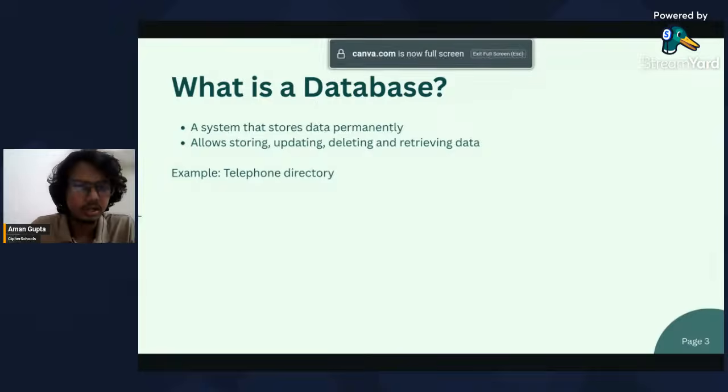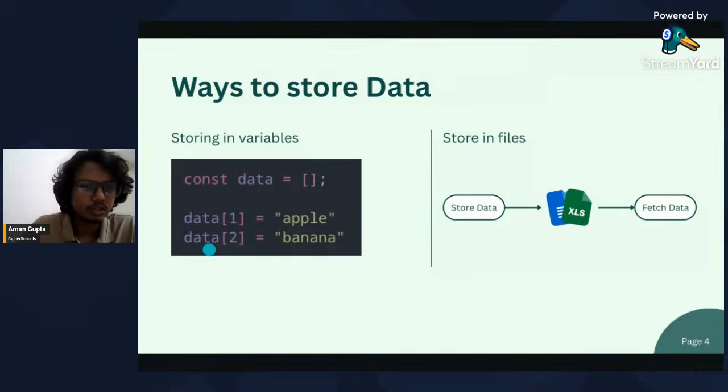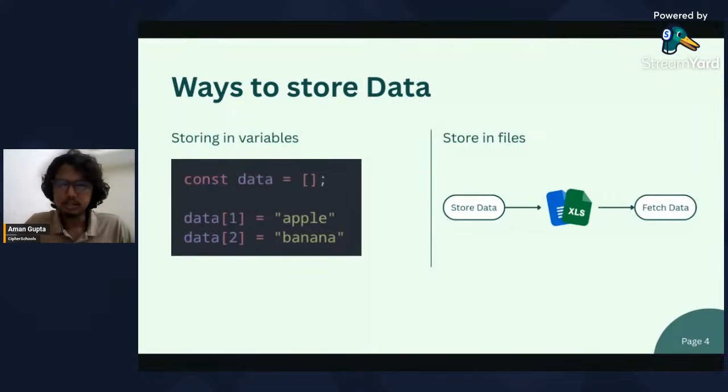Moving ahead. We have seen how we store data like phone numbers, but let's come in terms of technology, or computer science to be more precise. How do we store digital data? One way is storing it in a variable, whatever programming language you use, Java, C++, JavaScript.